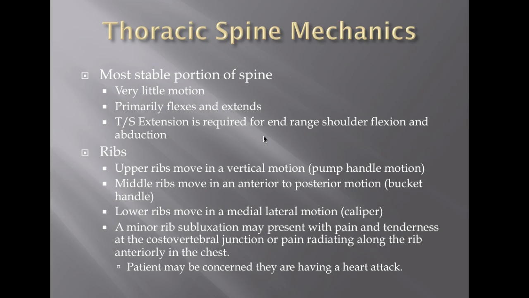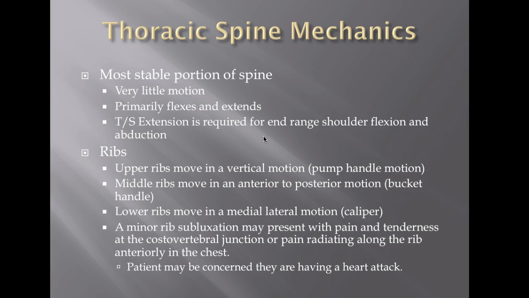It can be stuck in a position where it's not allowing the athlete to rotate in a certain direction. They're going to feel pain right at that vertebro-costal junction, or costal vertebral junction, and that's going to be in their back.